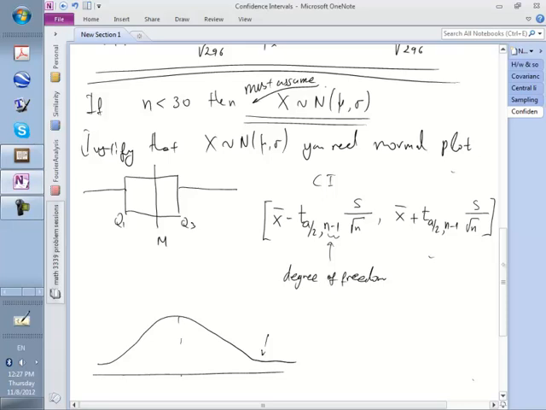And since you cannot do a QQ plot for the normal distribution here, in a formal study we would do that. We would basically put the data in the computer and come up with a normal plot, which is a QQ plot for the normal distribution. And we would actually get an assessment of how confident we are that the data come from a normal distribution.